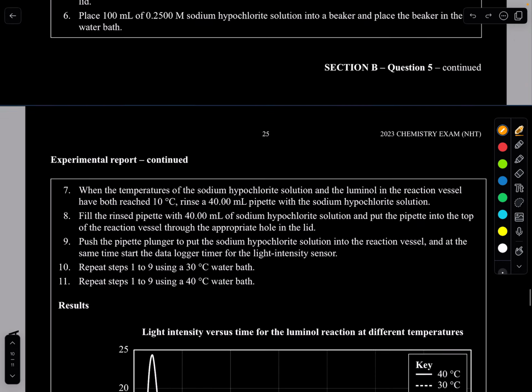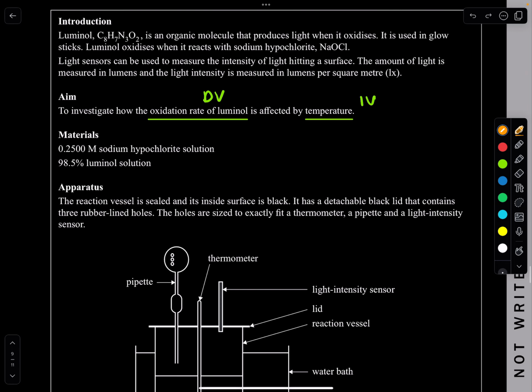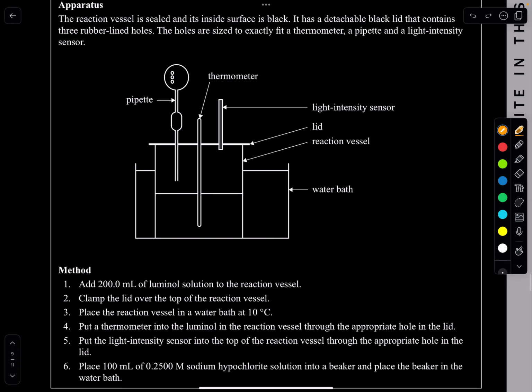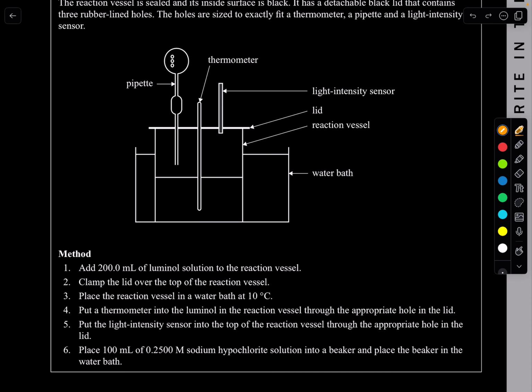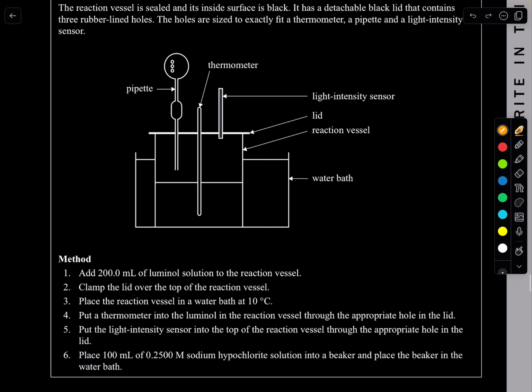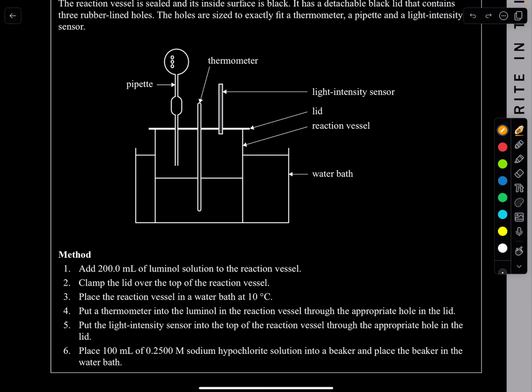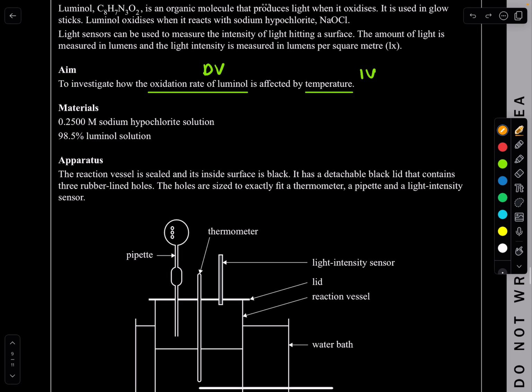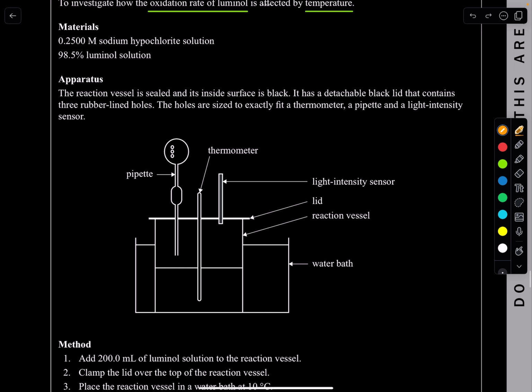Let's go back. I think one of the best ways is rereading it. The holes are sized to fit the thermometer, a pipette and light intensity sensor. Actually, one error they could have had is, think about it, the sodium hypochlorite in the pipette when they were putting it into the luminol.